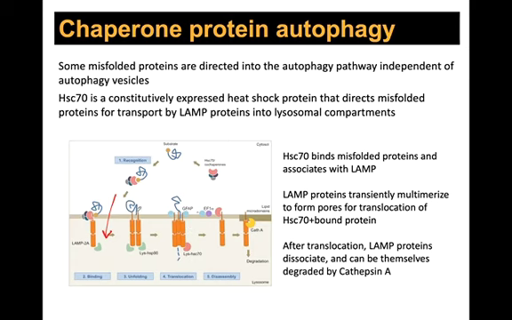I don't care that you know all of the steps in this pathway, just that there's a protein, HSC70, that's recognizing some cytoplasmic proteins. It takes them to LAMP, and then LAMP transports them into the lysosome. And eventually they get degraded, but I don't care so much that you know about the degradation of those, because that's not the important part. This is more about how do you get epitopes from viruses into the M2C.